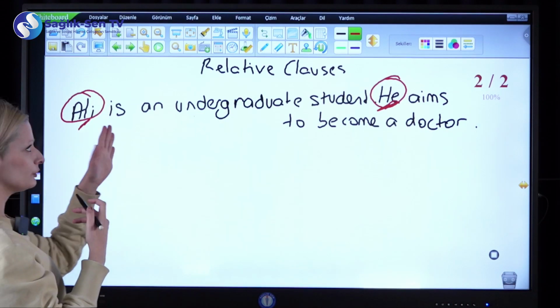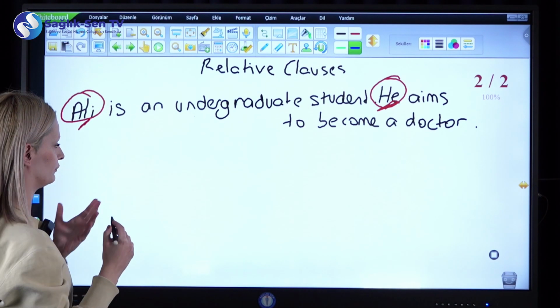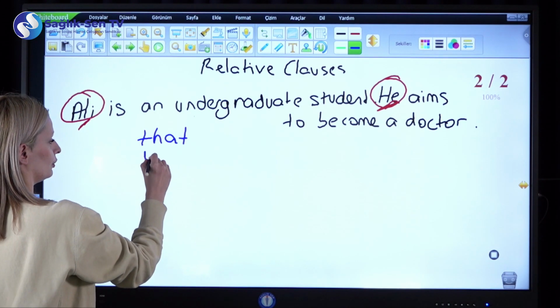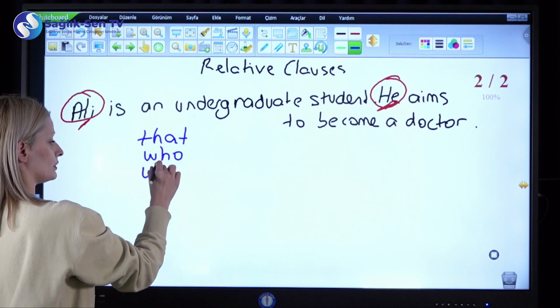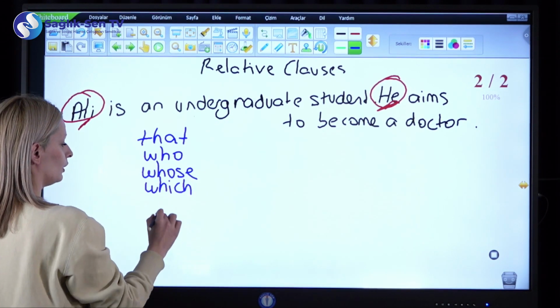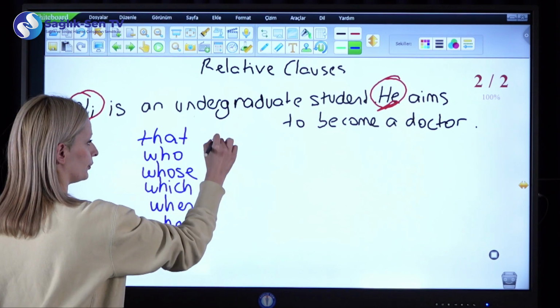When we are using relative clauses, we have some relative pronouns, as you may remember, which are that, who, whose, which, when, where, whom.